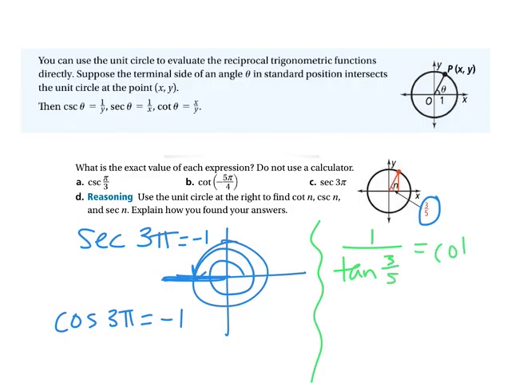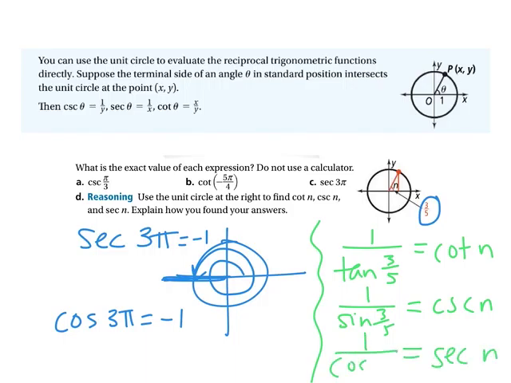That would equal the cotangent of n. To get the cosecant of n, we'd have 1 over the sine of 3/5. And then finally, to find the secant of n, we'd have 1 over the cosine of 3/5. And I think that was the very simple question they were asking right there.